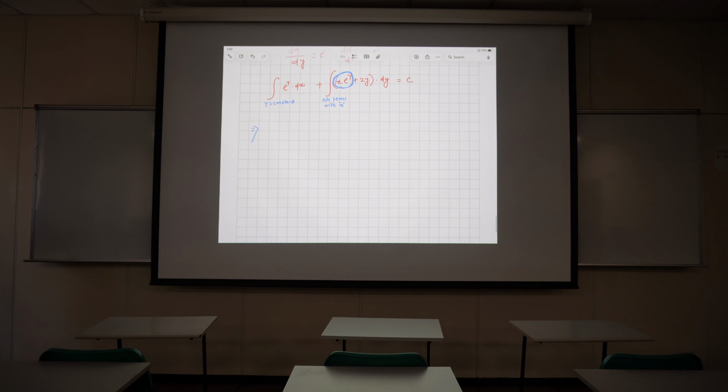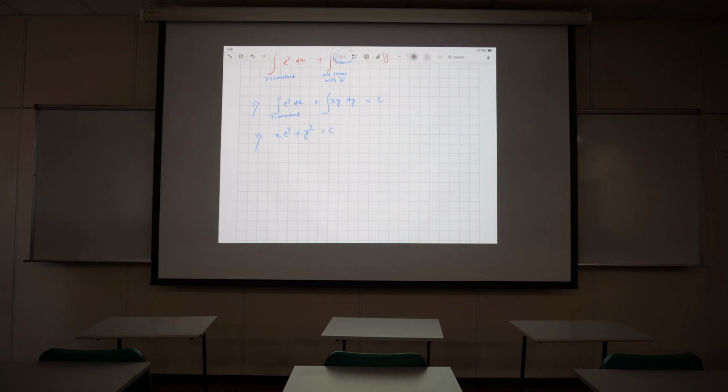So now I can write e to the power y dx plus 2y dy. Here y is a constant, is equal to c. Then tell me the answer now. X e to the power y plus y square is equal to c.